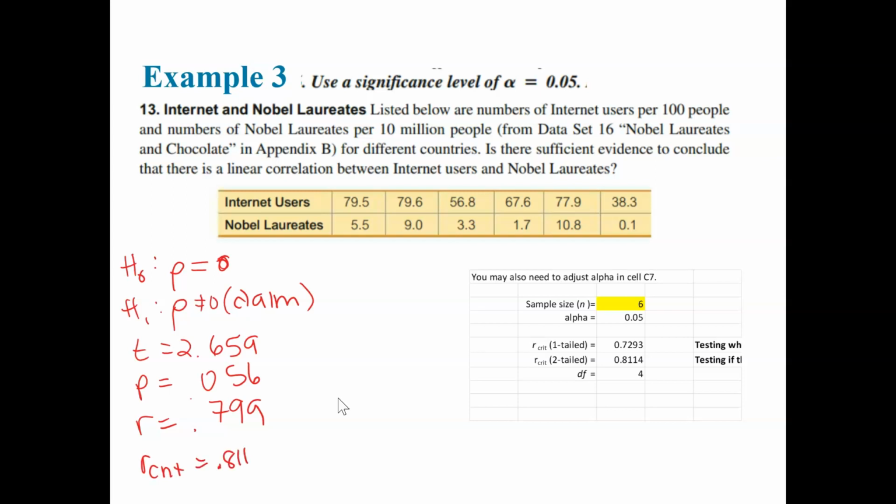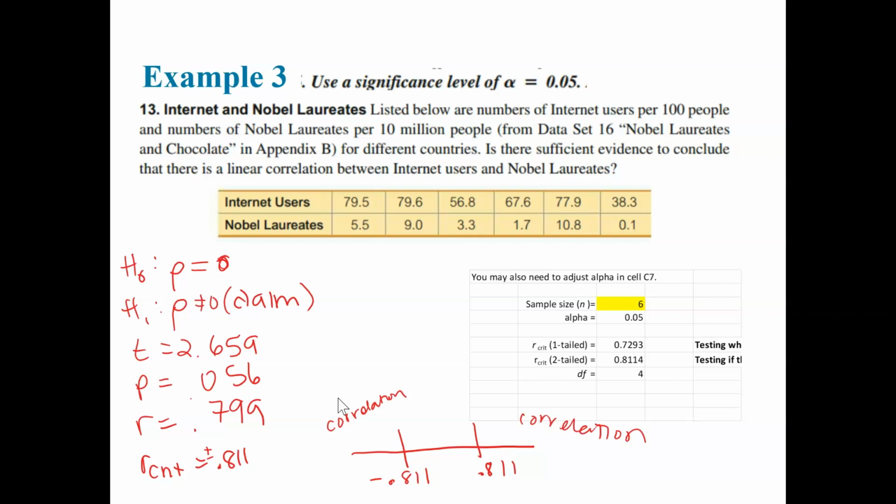So what we're trying to figure out here is, and it's plus or minus because we've got a two-tailed test here. Imagine this is a number line. Our critical value, we've got negative 0.811 over here and positive 0.811 over here. And correlation is over here and over here.